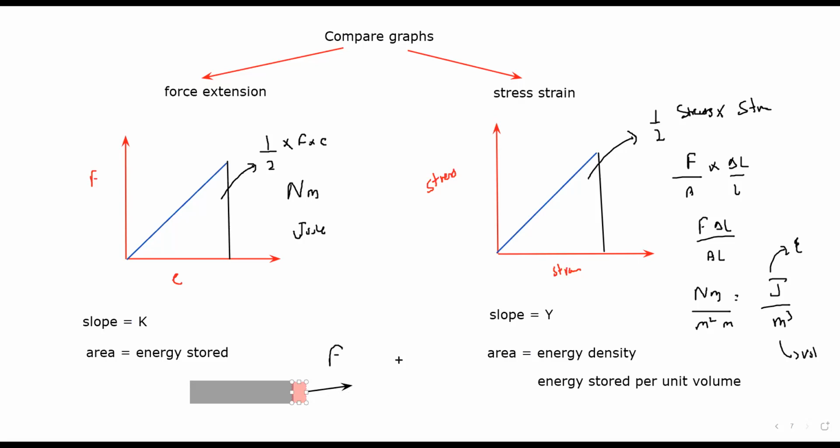Instead of that, we can calculate the stress, because when we calculate stress, the area under the graph is not depending on the size, the length of this line. So in the stress strain graph, the area under the graph will give us energy density, or energy per unit volume.